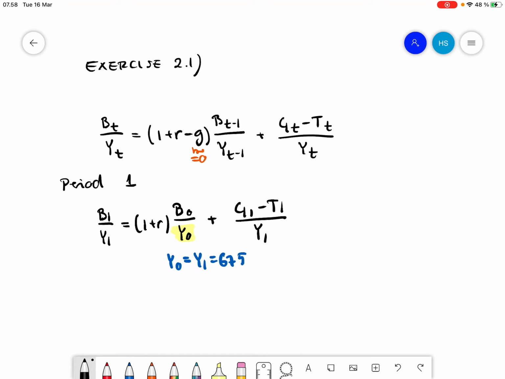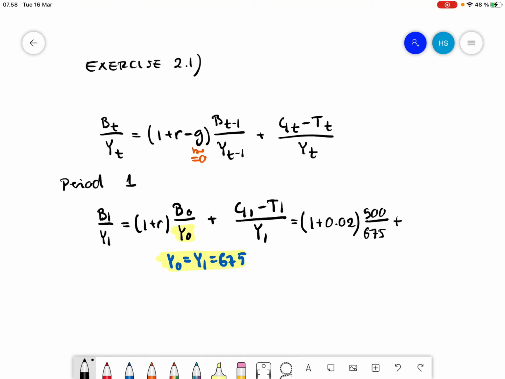So the debt to GDP ratio must be 1 plus 2%, which is 0.02. That is the real interest rate, times the initial debt in period 0. That is 500 over output in period 0. Remember, there is no GDP growth, so output in period 0 is the same as output in period 1. That is 675, plus the primary deficit.